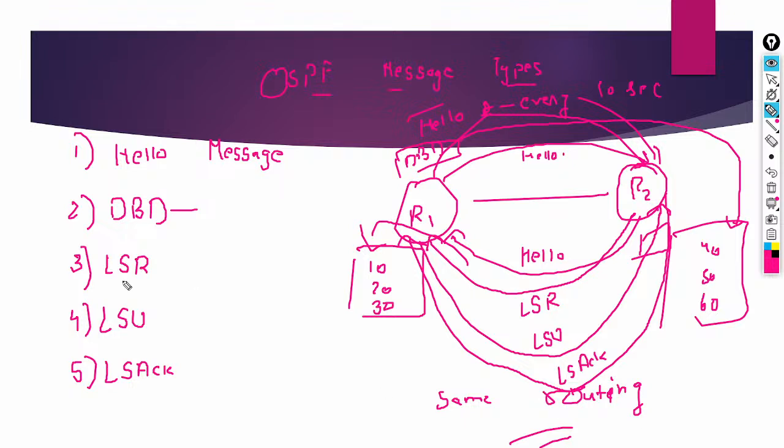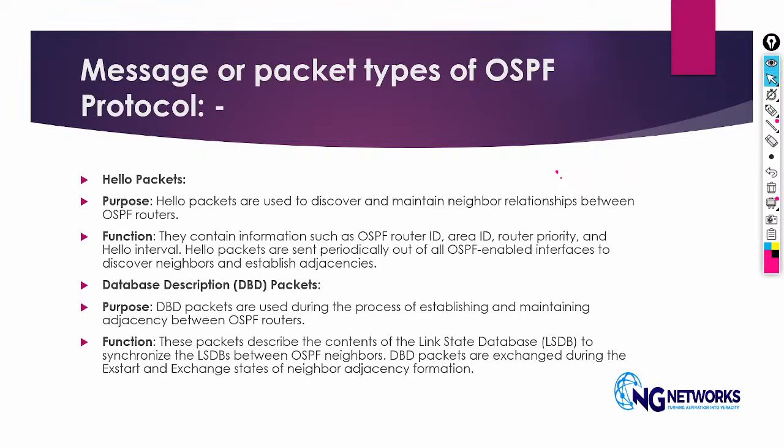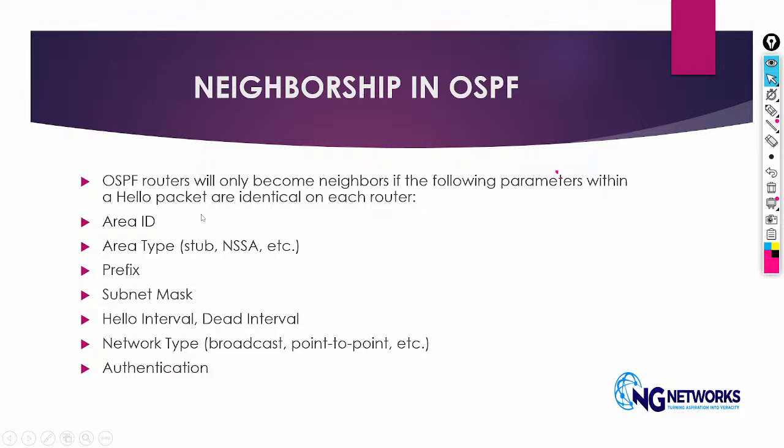And what should be the content in the hello message that was written in the previous slide? Let me show you. The area ID should be there, and the area type. There are different types of areas: stub area, not so stubby, totally not so stubby.